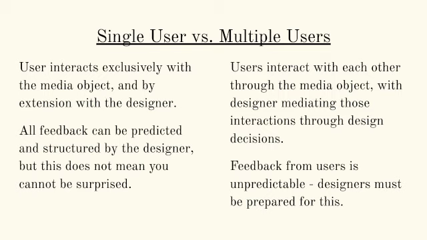If you look at social media, all the different apps are designed to encourage certain kinds of multi-user interactions and feedback. The feedback systems and the way users are expected to interact with each other is different on Facebook and Reddit and Instagram and TikTok and Twitch and so on.